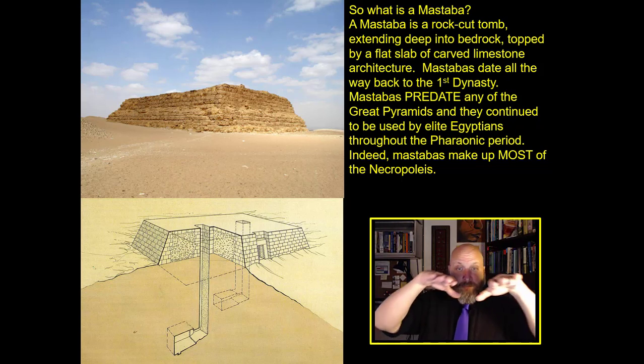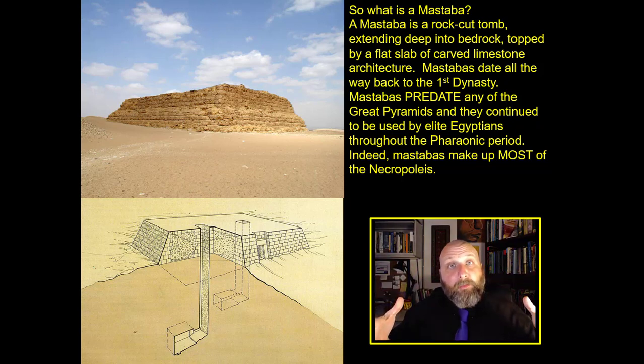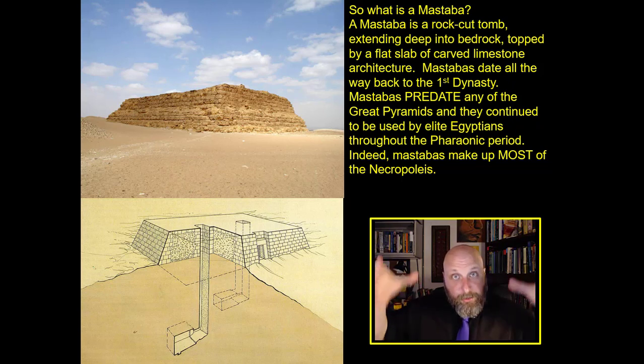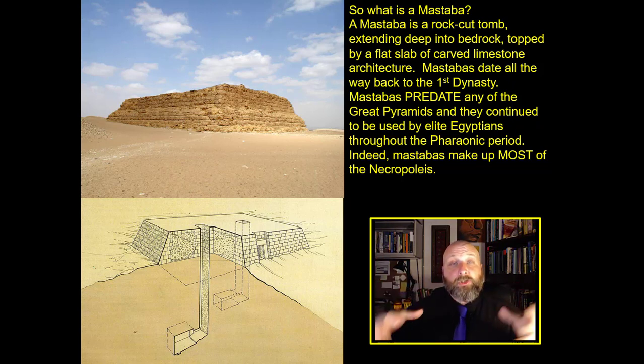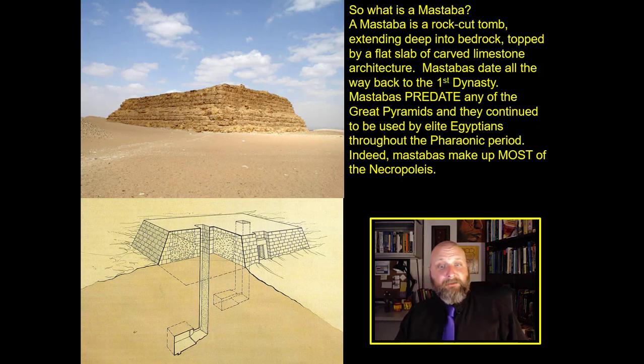And then on top of that, you build either with limestone slabs or with mud bricks, you build this large rectangular structure directly on top of the shaft. That is a mastaba. It is a piece of Egyptian funerary architecture to be placed in the high desert above a rock-cut tomb at the bottom of a long shaft.